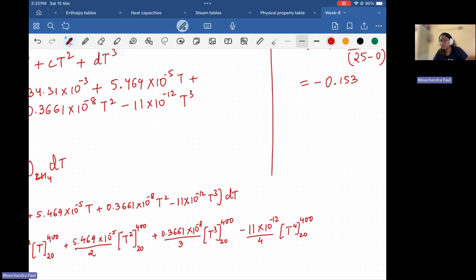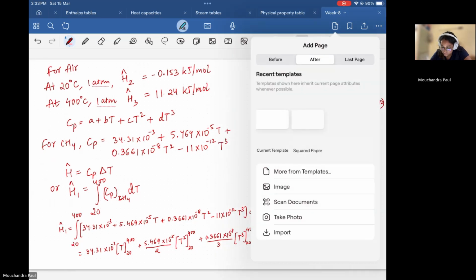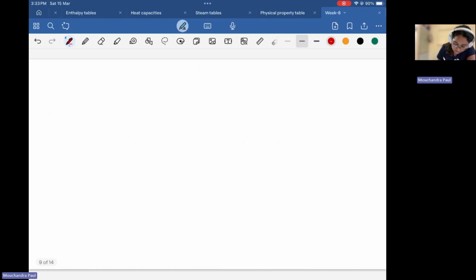You put the values now, then you should get the value of enthalpy to be 17.4 kilojoule per minute.